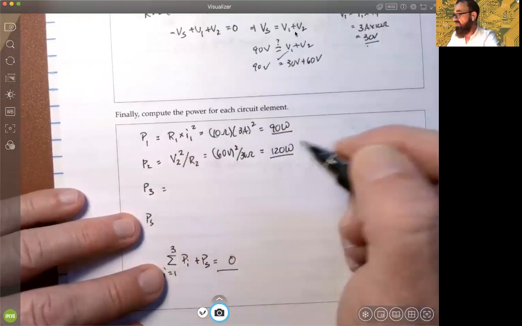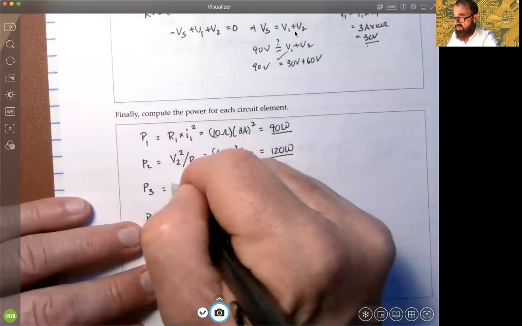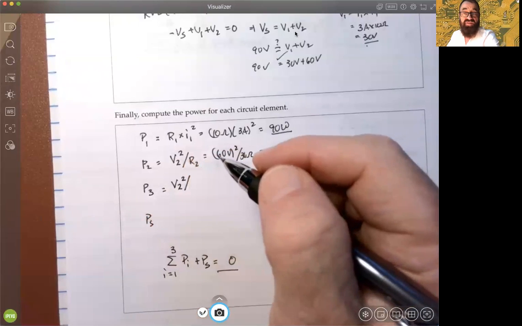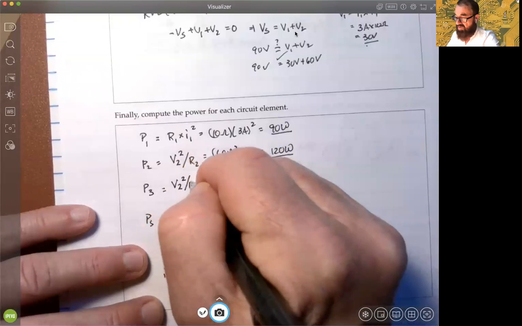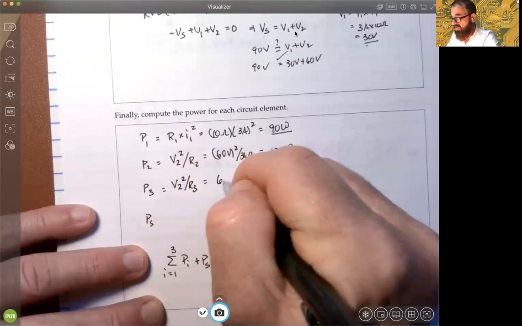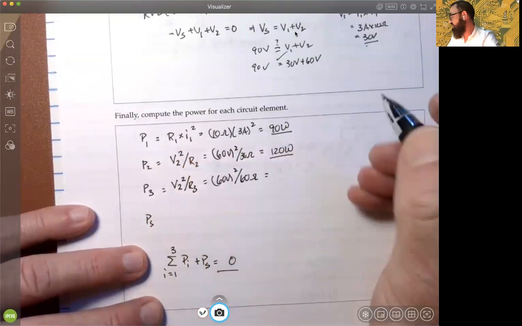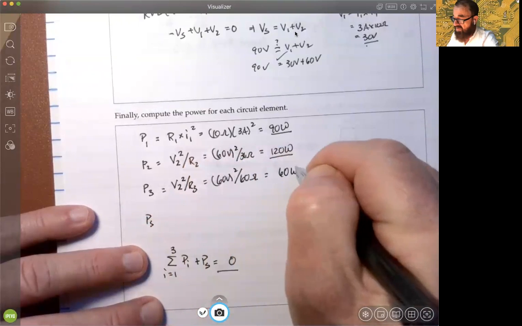And then finally, the third formula. We know it's the same voltage because they're in parallel. It's just a different resistance. So we get 60 volts squared divided by 60 ohms. So this will be less. This will be 60 watts.